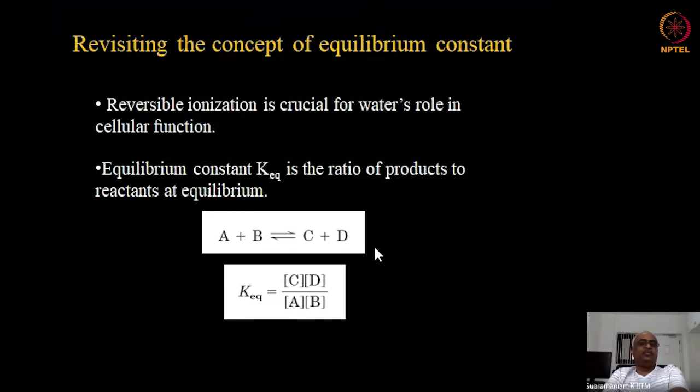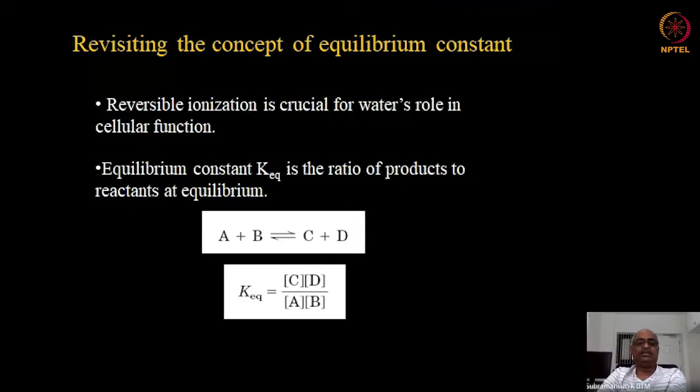And at equilibrium, both rates are the same. And if you rearrange, you will get the equilibrium constant, where C times D divided by A times B is the equilibrium constant. This I am sure you have learned a long time ago. This is just to recollect. If it is not clear to you, revise your chemistry.